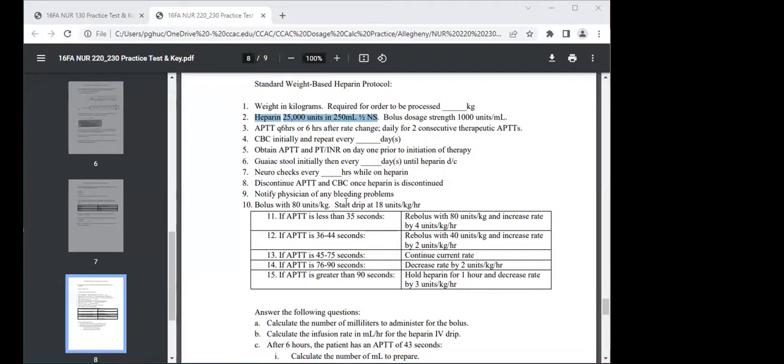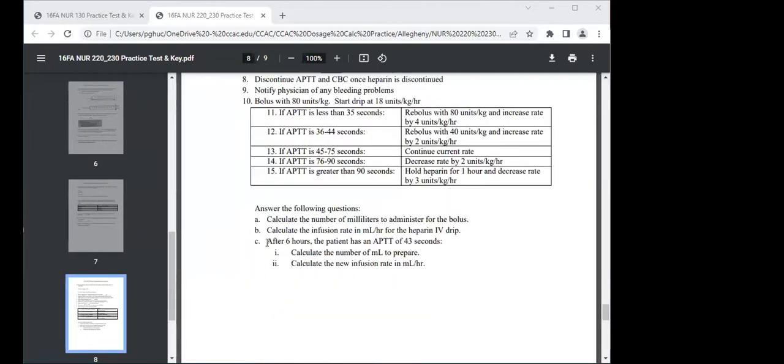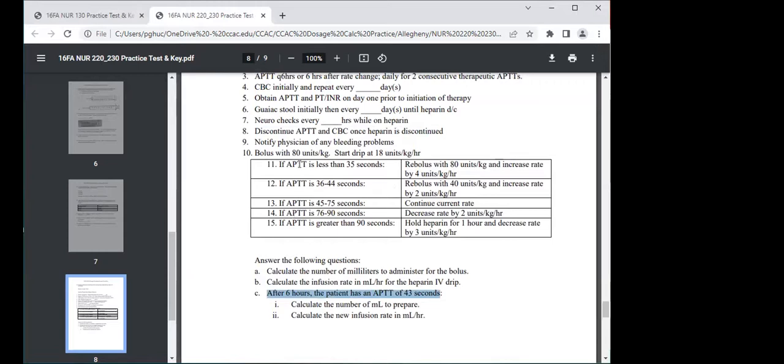Going back to the protocol, it says after 6 hours, the patient has an APTT of 43 seconds. I'm going to look in this boxed section at the APTT and look for where 43 seconds falls. 43 seconds falls within step 12 of the protocol.